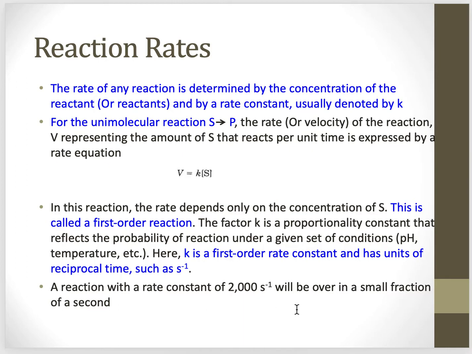If you divide a second into 2000 small pieces, this reaction will occur within one piece. So, very fast, like 2000 times per second. In other words, for this reaction, in each second 2000 reactions can occur.